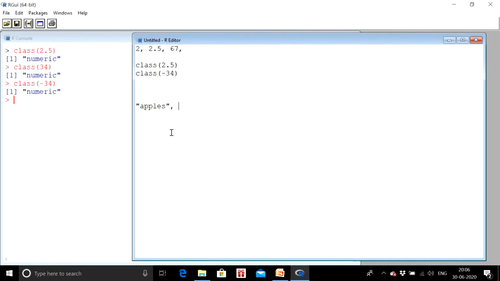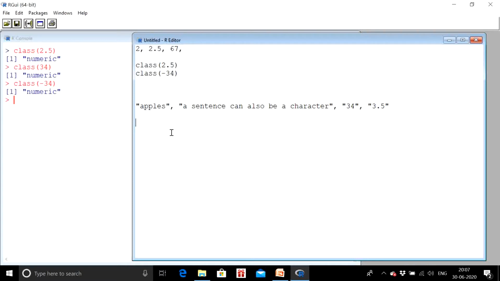A sentence can also be a character if you put it in double quotations. Even a number can be a character if you put the number within quotations. You can use single quotations or double quotations, but I prefer to use double quotations, so whatever is convenient with you. A fraction can be a character if you put it in double quotes.